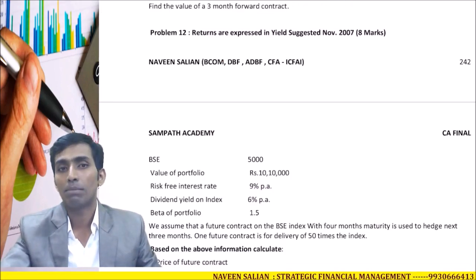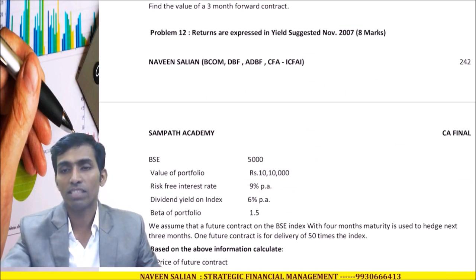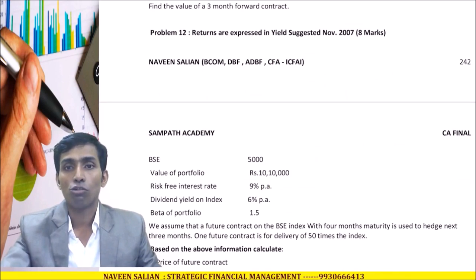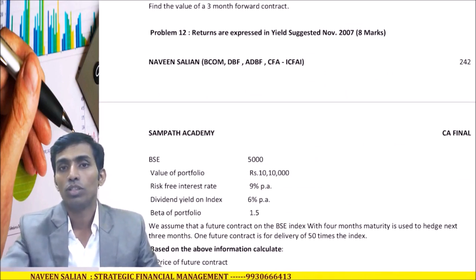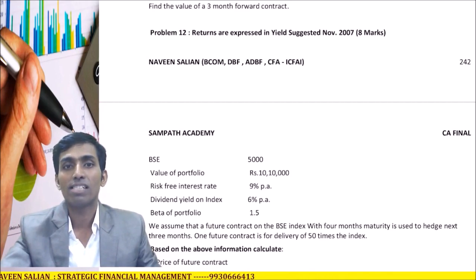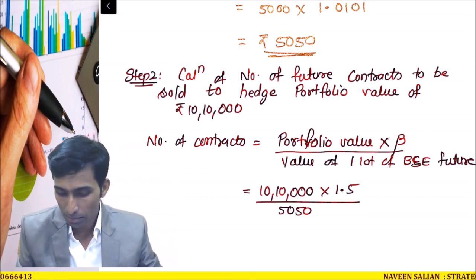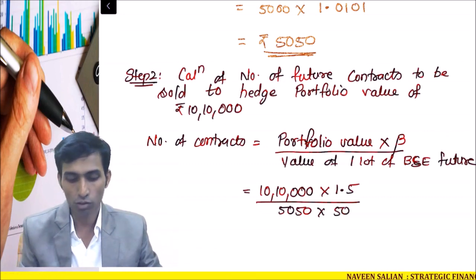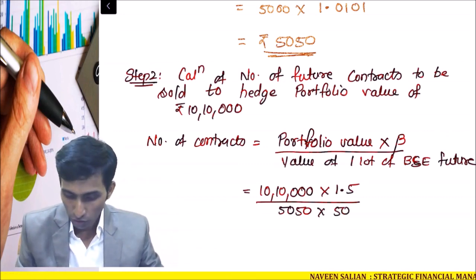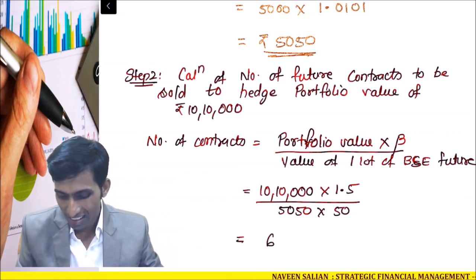So I will multiply that 5050 into 50 times the index. That will give me the value of one lot size. So coming back to the solution, I will multiply this 5050 into 50. I think approximately you should get 6 contracts.